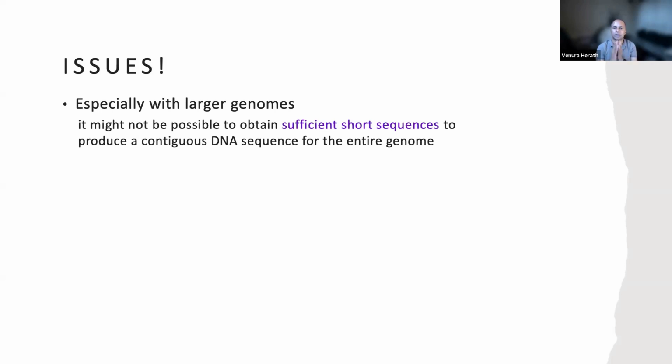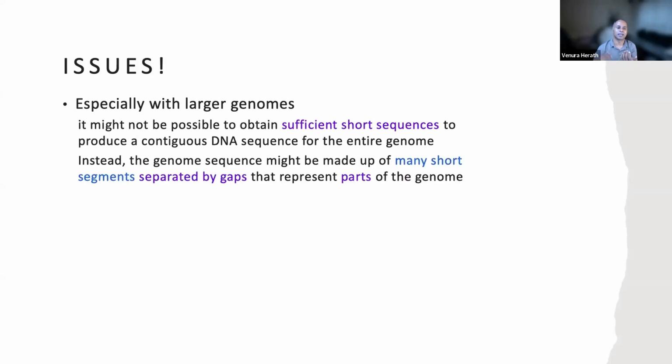Therefore, whatever result you're getting is actually a genome sequence made up of many short sequence segments, and they're separated by gaps. And if there are gaps, that means you're only coming up with a part of the genome.